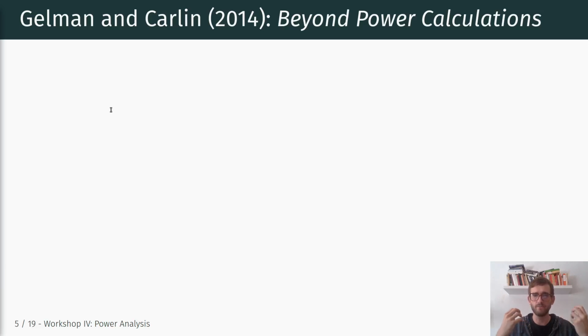So once you're only focused on receiving statistically significant results, then these power analyses can actually be flawed and give you false confidence in your results, right? And one thing that they especially emphasize is this issue with post hoc power analysis.